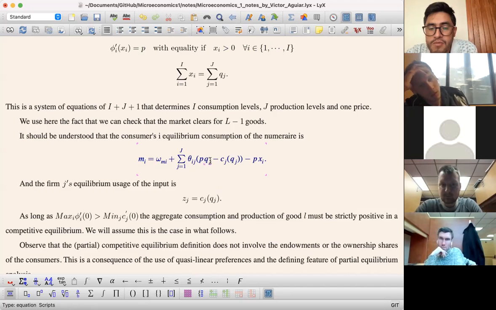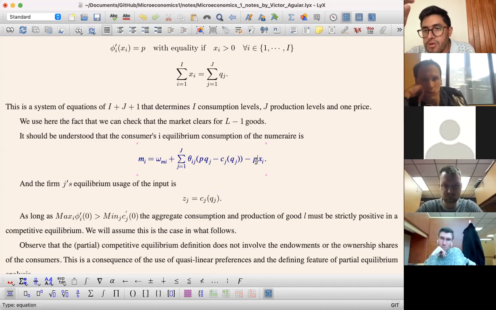It's p times the quantity of corn the firm produces minus the cost of producing that unit of corn, right? And then you multiply by the share, right? And then you sum over all shares you have of all firms. And then you subtract from this whatever you are paying for corn, right? So that is what you end up consuming of M: whatever you didn't pay in corn, whatever is of course endowment, and whatever is coming from profits.